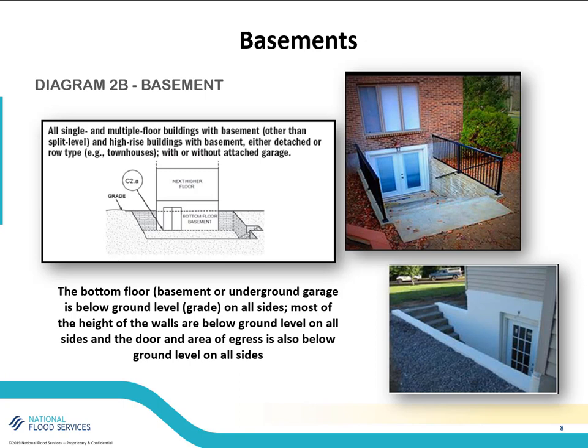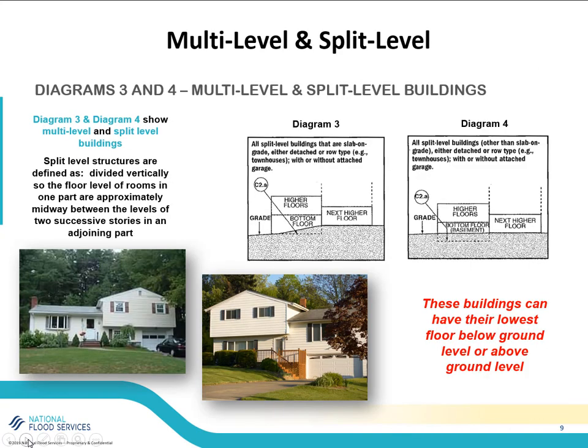Diagram 2B is also a basement, meaning all sides are below ground. However, a 2B has an area of egress that's also below ground level on all sides. C2A is still the lowest floor, which is also below ground on all sides. The difference between a diagram 2A and 2B is simply the area of egress.